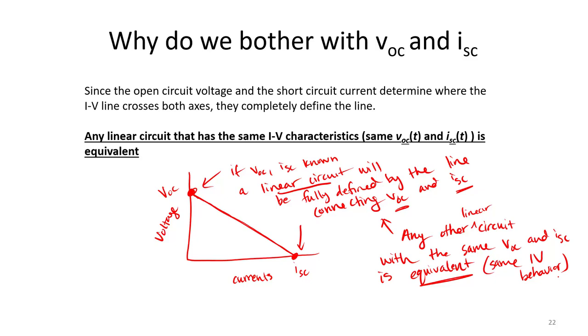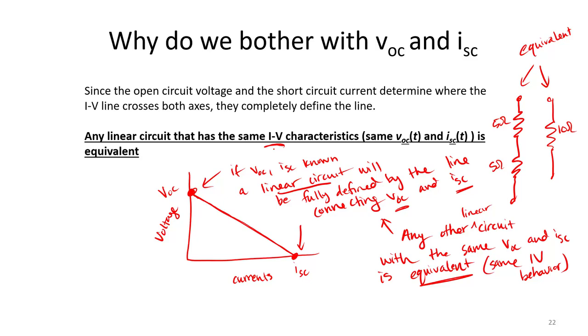Remember, if you're a voltage source or a circuit, you're not going to be able to tell the difference between two 5-ohm resistors in series and one 10-ohm resistor, because they're both equivalent. And that's basically what we're saying here. If we have two circuit elements that have the same IV characteristics, the same current-voltage behavior, then those are equivalent.